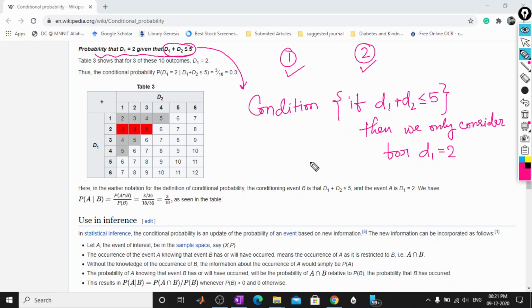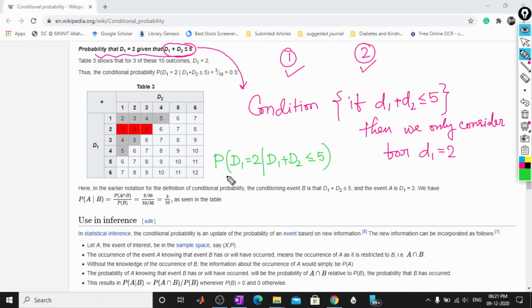If you write this mathematically, it would be d1 equals 2 given d1 plus d2 less than or equal to 5.